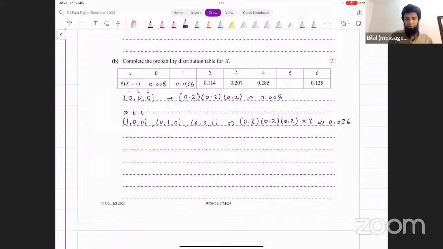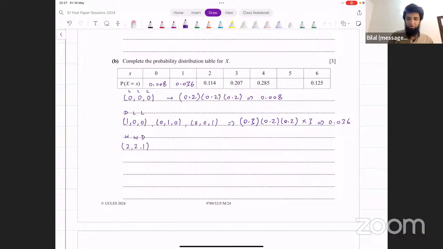In fact, there's only one possibility for getting 5 as well. And that will be when you have 2 wins and 1 draw, right? That's the only possibility to have a score of 5, right? 2 wins and 1 draw. That's this one.